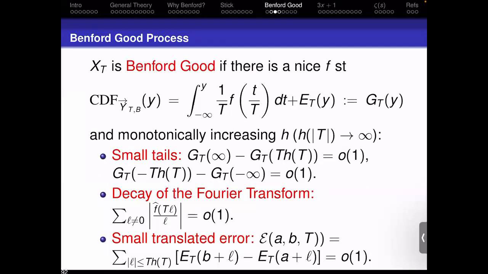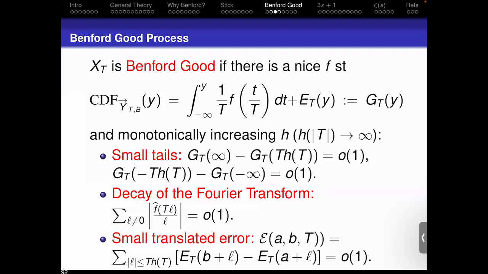We want that to be pretty small. The second one is we want the Fourier transform to have sufficient decay. So we want this sum to be small. And again, in most of the processes, f is going to be the standard normal or some kind of normal distribution. So the decay is not going to be a problem at all.